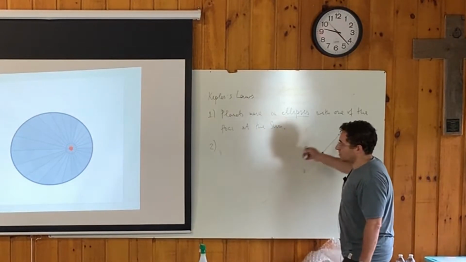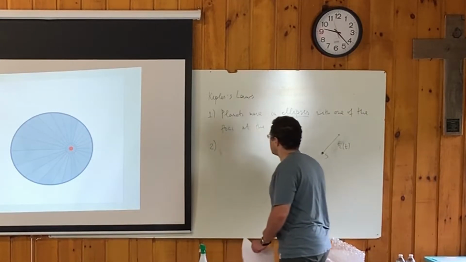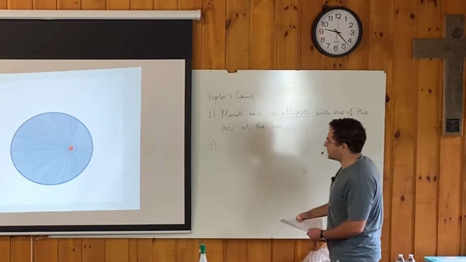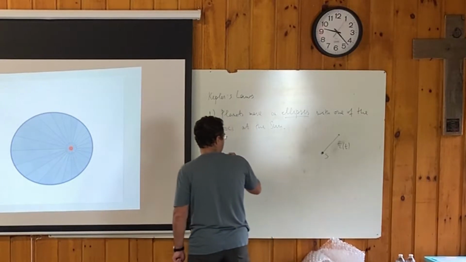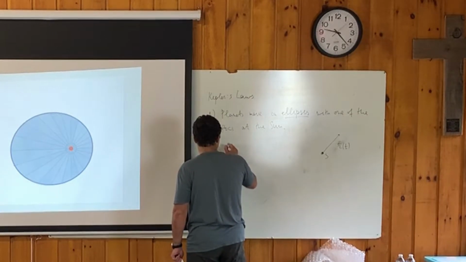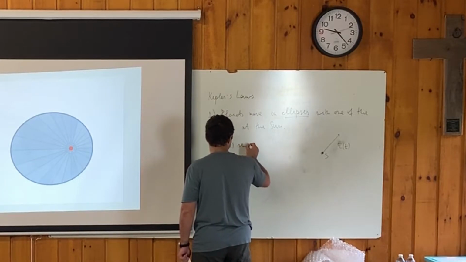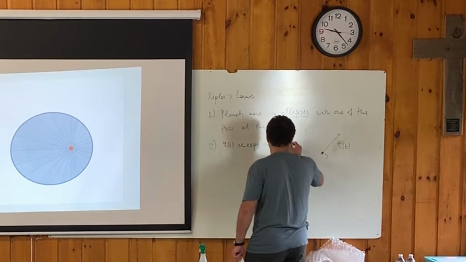So we can describe the position by this vector. We also want to know how it moves, to describe the speed. And it moves so that the vector r of t sweeps equal areas in equal times.